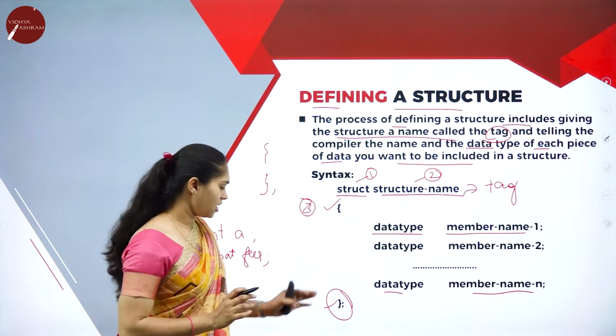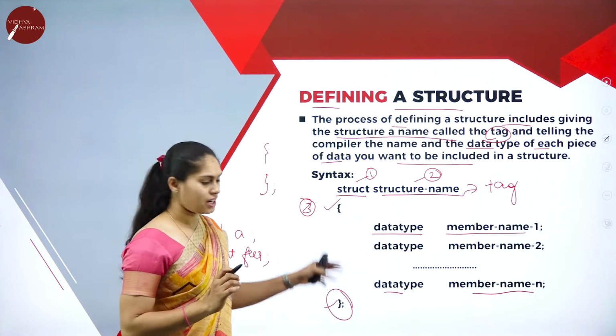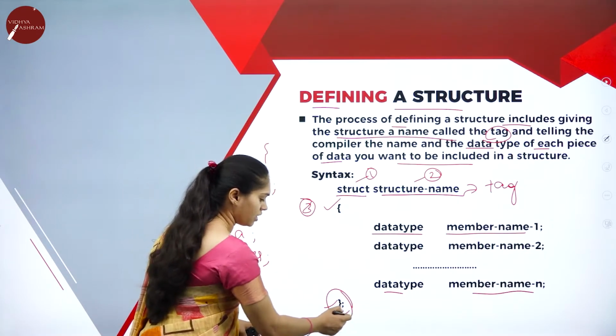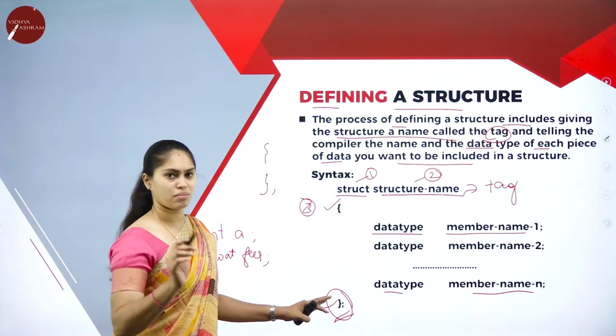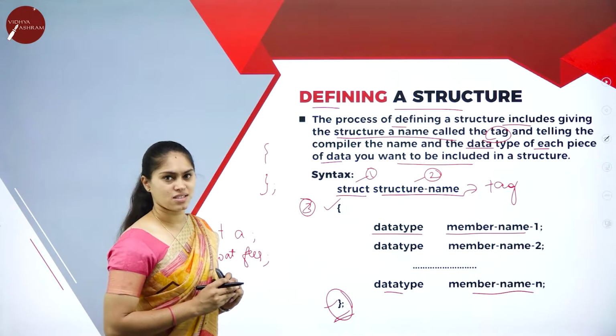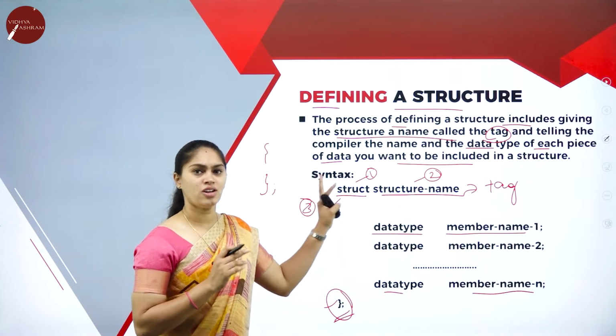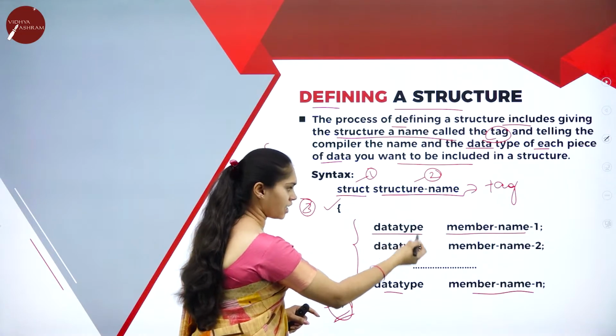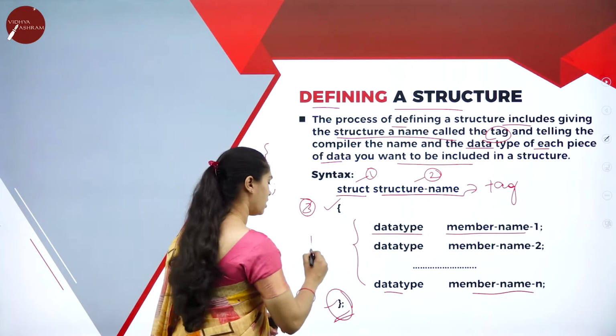It is mandatory. Then the compiler will get to know that yes, the end of this definition of a structure has been done at this point. So remember to put the semicolon after the closing of curly braces. So this is how the structure is going to look like. Now I can call all these data types and members as a template.